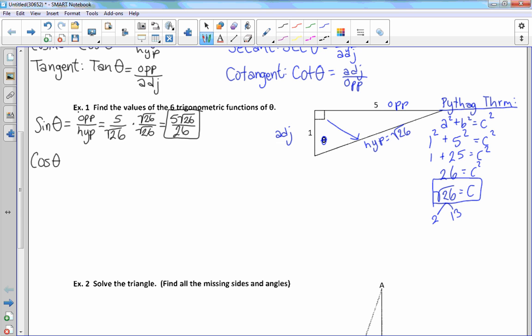Cosine theta. So, adjacent over hypotenuse. Okay, that's the cosine ratio. So what are the numbers? Yeah. 1 over root 26. Here again, we have that same problem. That was a square root in the denominator, so we have to rationalize the denominator.